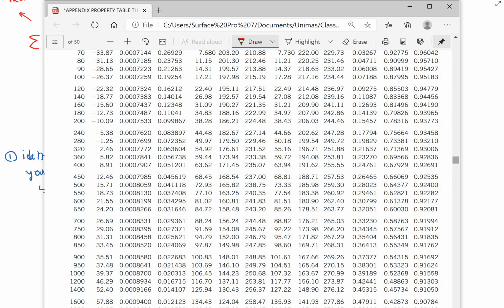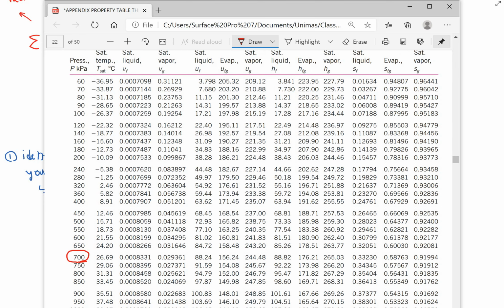In that case, we go to A12. Now, in A12, here, 700 kilopascal. Look at the saturated temperature. It changes phase at 26 degrees Celsius, while your temperature is 30 degrees Celsius. So your given T, which is 30 degrees Celsius, is larger than the T saturated, 26.